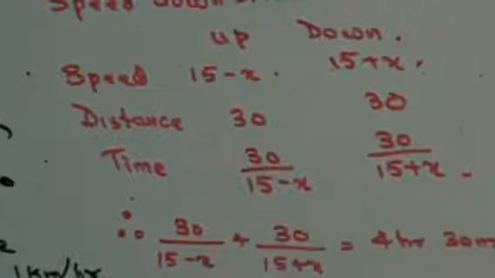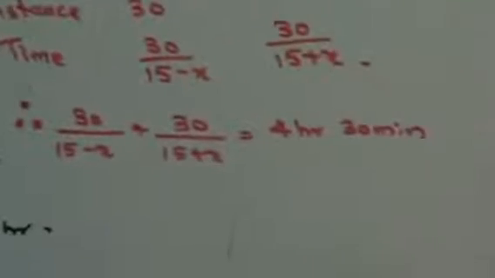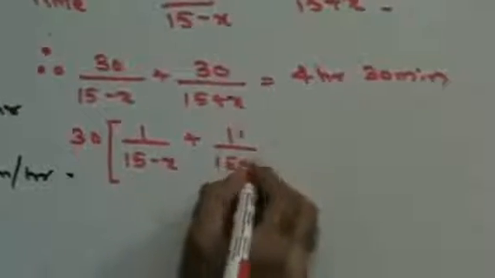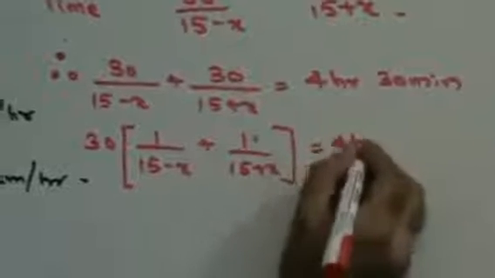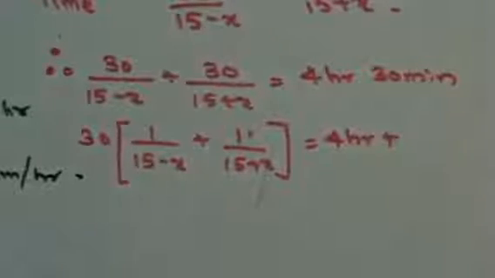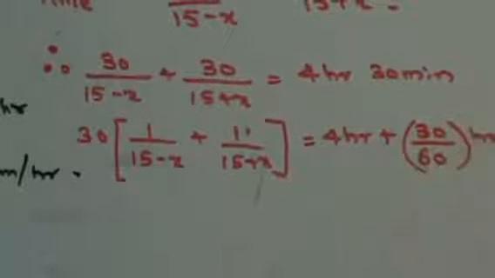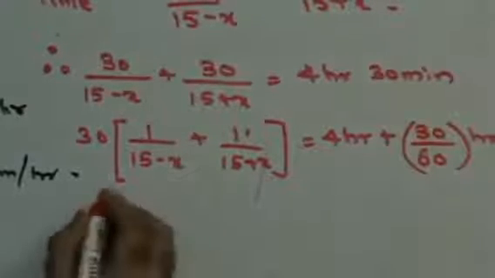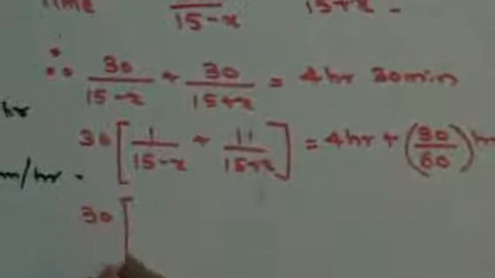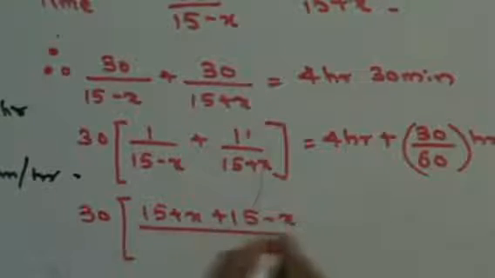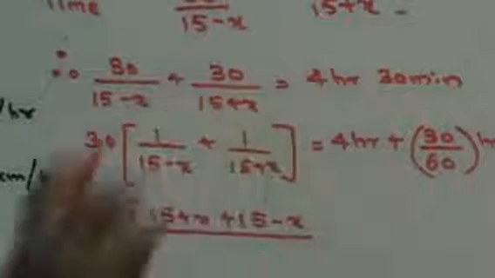Now, since the speed is in kilometers per hour, your time should also be in hours. Here I could take 30 common. 1 upon 15 minus x plus 1 upon 15 plus x is 4 hours plus 30 minutes. To convert that into hours, you have to divide by 60. So 30 common. This is going to be 15 plus x plus 15 minus x over the LCM.